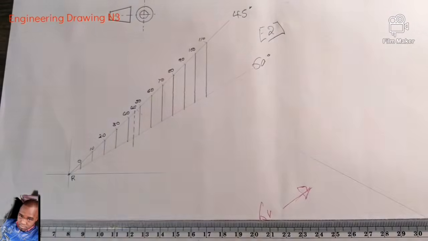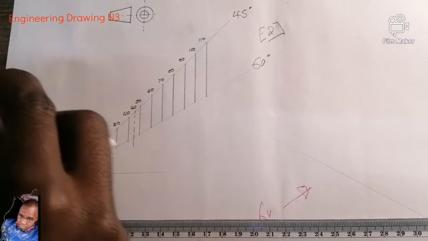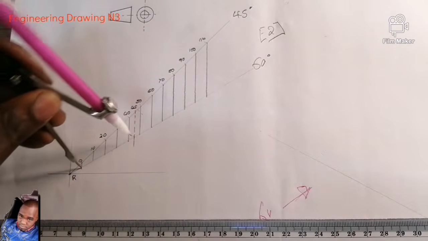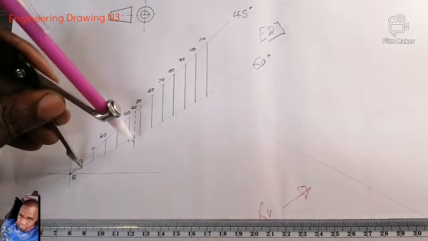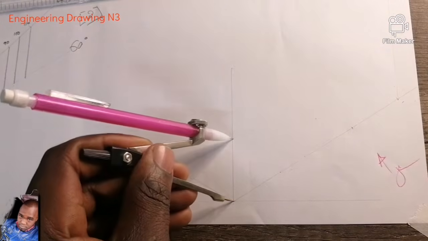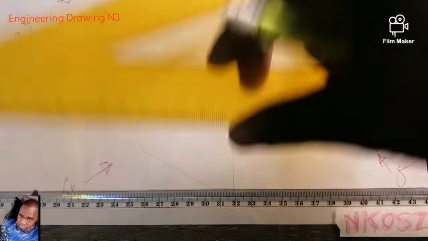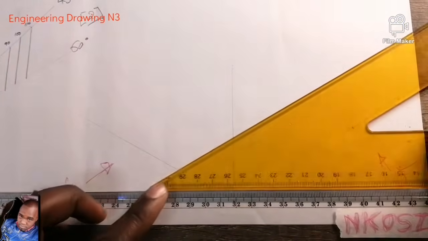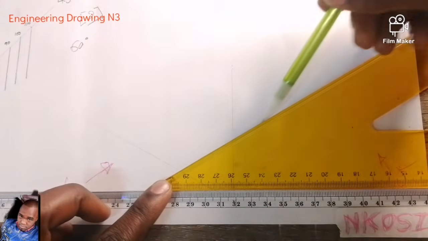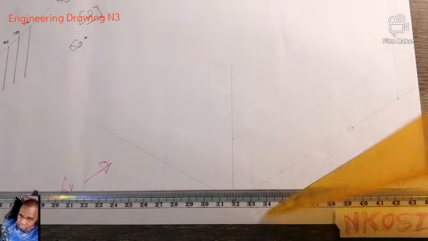So after that, you place your compass or your divider at 0 along the line of 60, remember, then further extend it to 45. Then you mark from this point, there is my 45. After you've marked this 45 of yours, construct a faint line, because this 45 actually is your center, isn't it? Just construct a faint line like this at the moment.